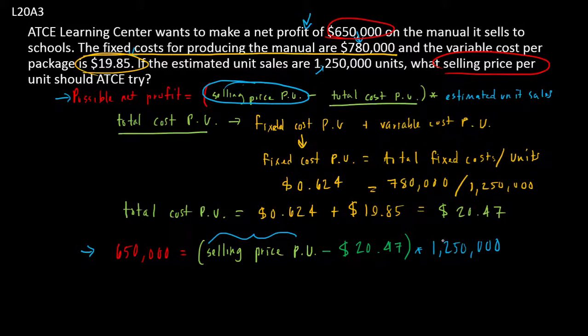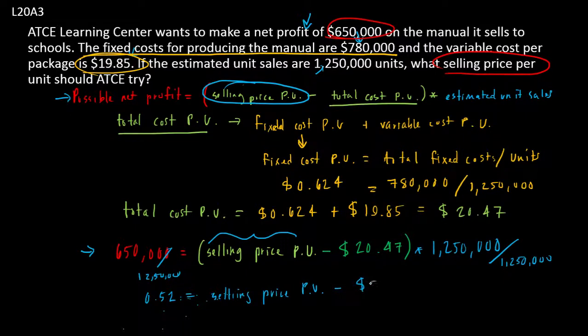So from here it's a matter of attempting to isolate selling price per unit. I'll start by dividing both sides of the equation by 1,250,000. That would give us 0.52 is equal to our selling price per unit minus $20.47.